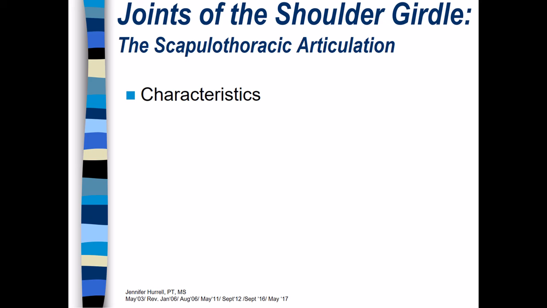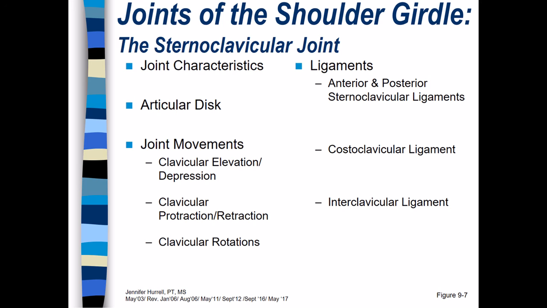We simply have the anterior aspect of the scapula articulating with the posterior aspect of the rib cage. Right? The anterior scapula articulating with the posterior rib cage. And the two should slide on one another, and that forms the scapulothoracic articulation. All right, so not a lot to say about that.